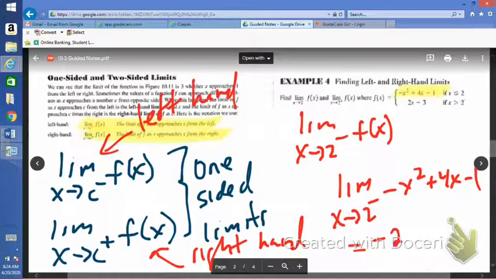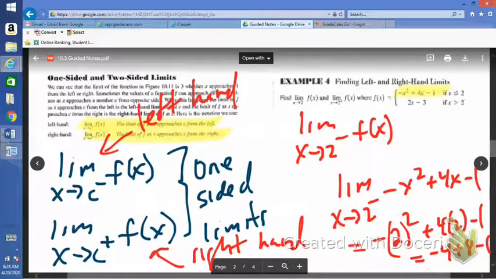So negative 2 squared plus 4 times 2 minus 1. So that's going to give us negative 4 plus 8 minus 1. So that's going to be 3.